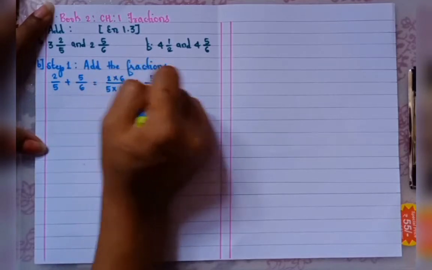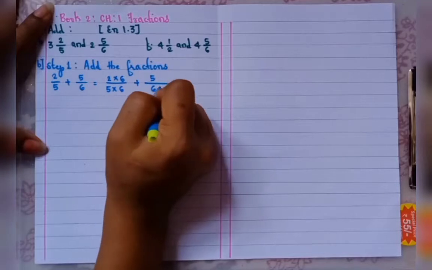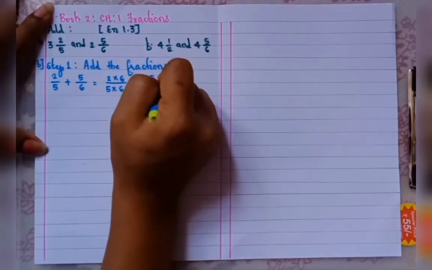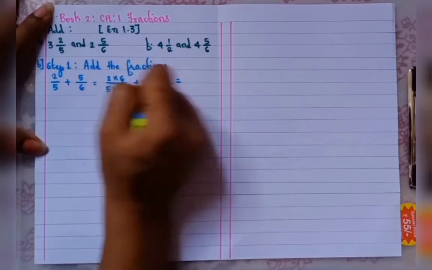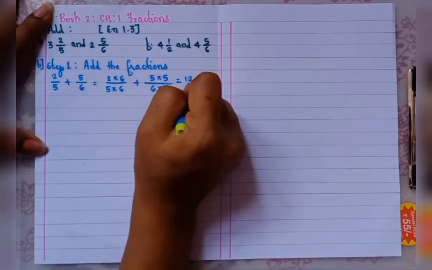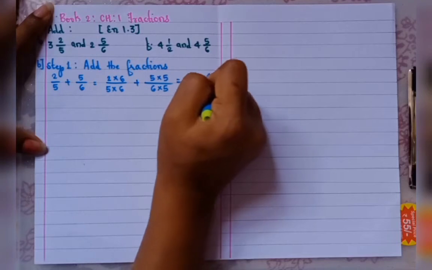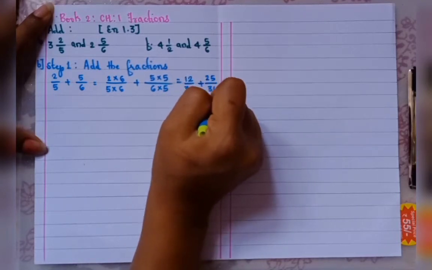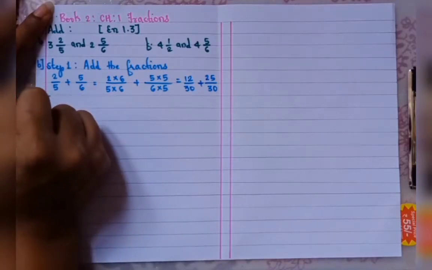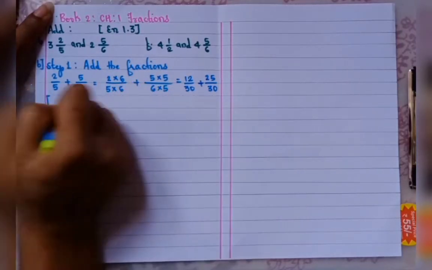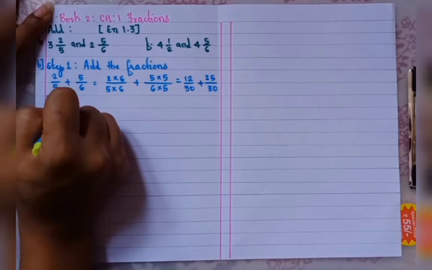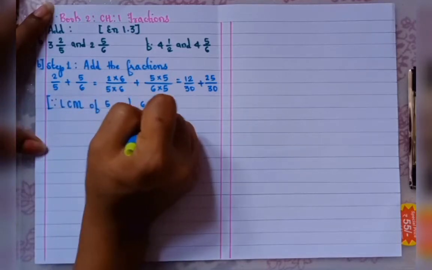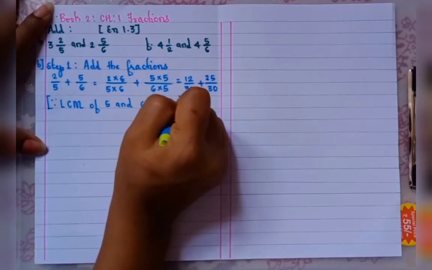That gives 6 2s are 12 upon 30 plus 5 5s are 25 divided by 30. Why have I taken the denominator 30? Because the LCM of 5 and 6 is 30, right?